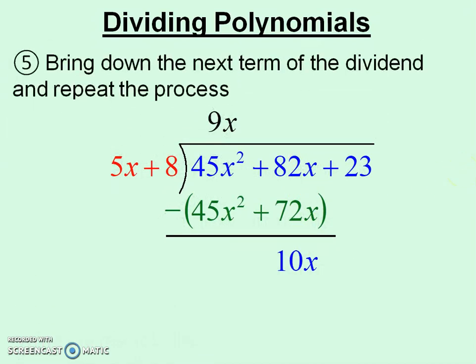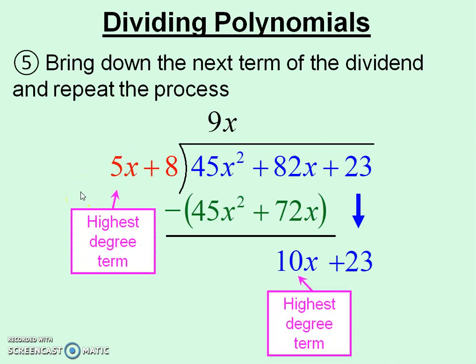Step 5, I bring down the next term of the dividend. That's this 23. I'll write it right down here. And I'll repeat the process, meaning now I'll take the highest degree term of what's left, the highest degree term of my divisor, and I'll divide them again.